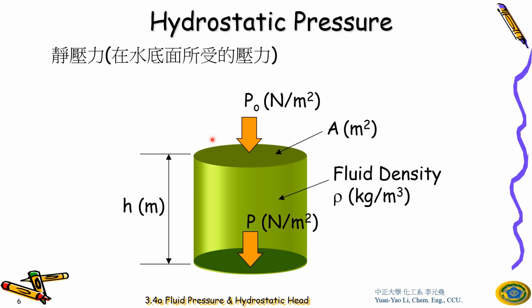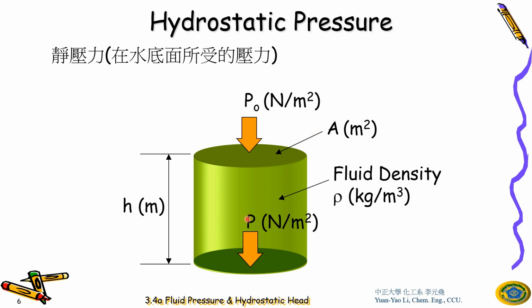The second thing is called hydrostatic pressure. Here the liquid or fluid stays still, and you want to measure the pressure from the top to here. This is called hydrostatic pressure.